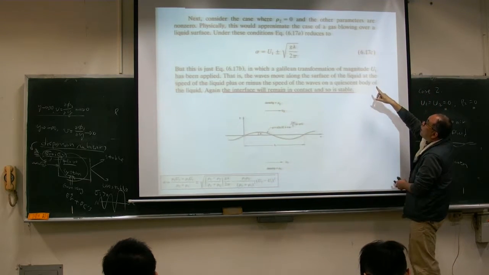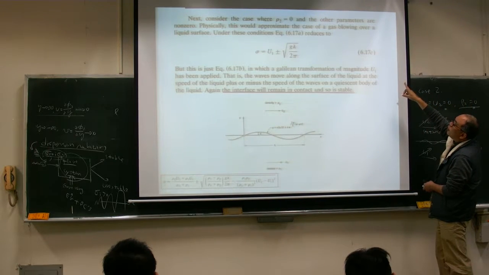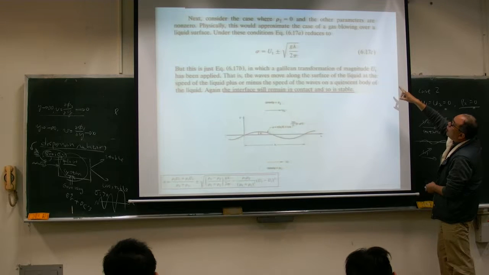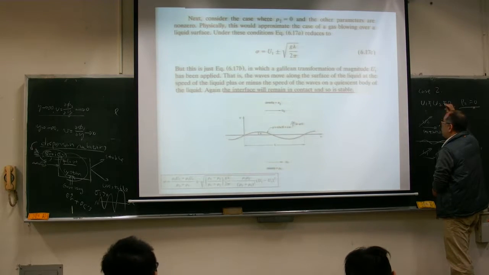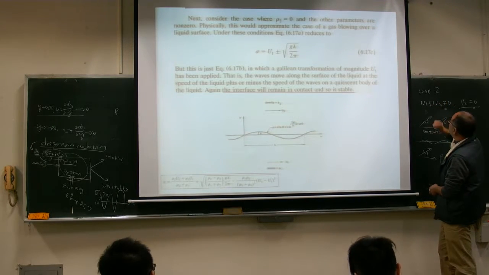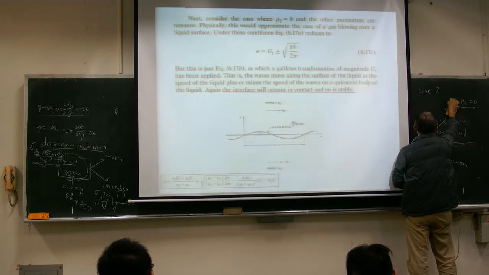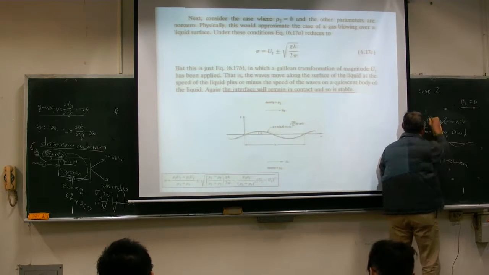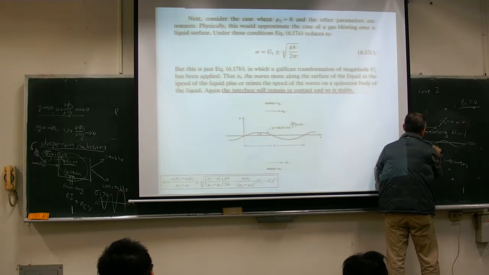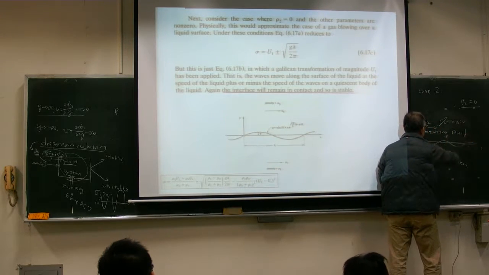In case 2, we have rho 2 equal to 0 again. However, I have rho 1, and U1 and U2 are not equal to 0. That means I don't have any constraint on U1 and U2, they can be flowing. I have a velocity above, it's moving.